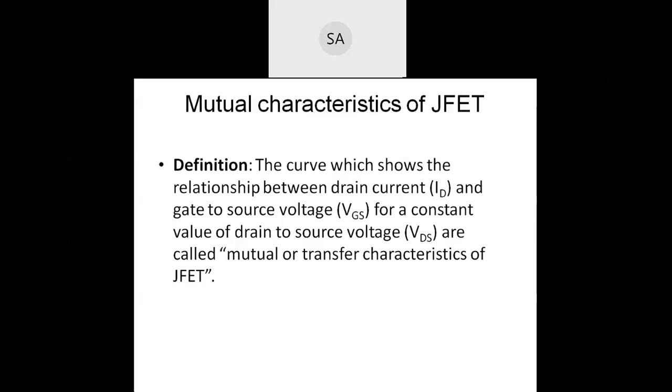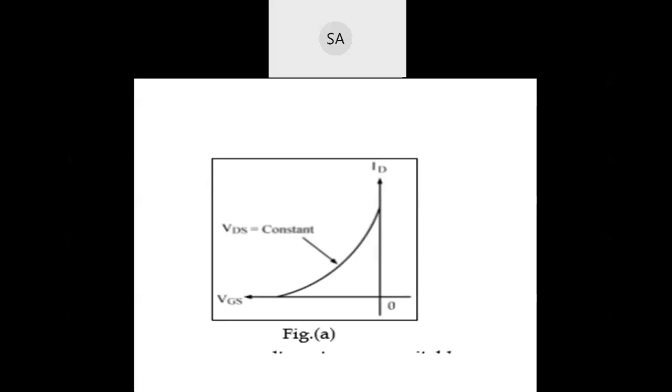The curve drawn between VGS and ID, taking VDS as a parameter, is known as the mutual characteristics. The curve which shows the relationship between the drain current and gate to source voltage for a constant value of drain to source voltage is called the mutual transfer characteristics of the JFET. So this is the curve showing the relation.